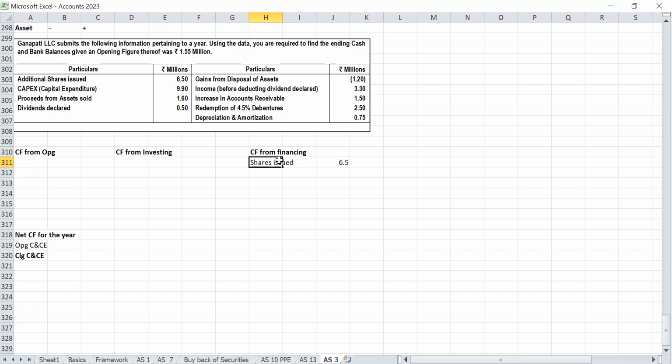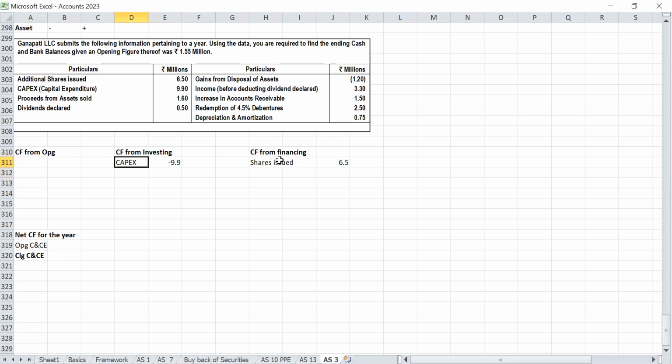Example? Assets bought, sir. The capital expenditure. Okay, so where will it come? Investing activity. Plus or minus? Minus.